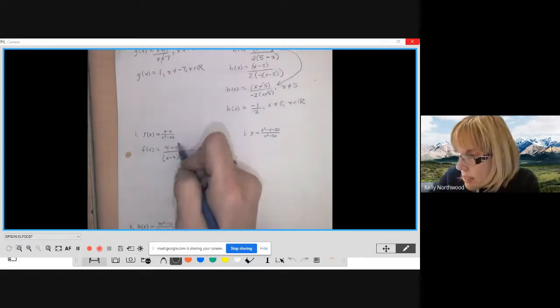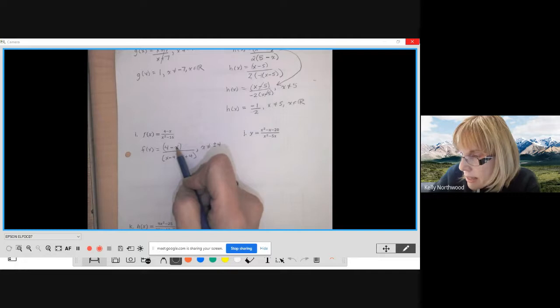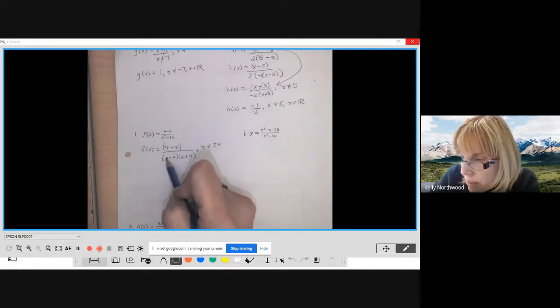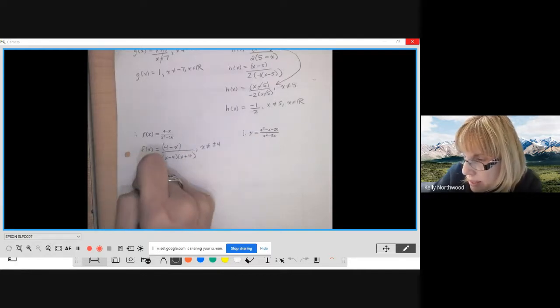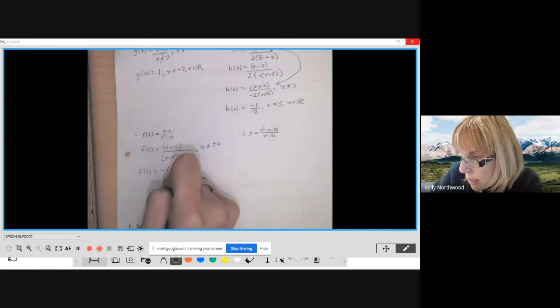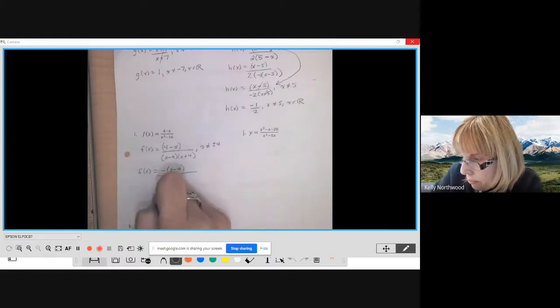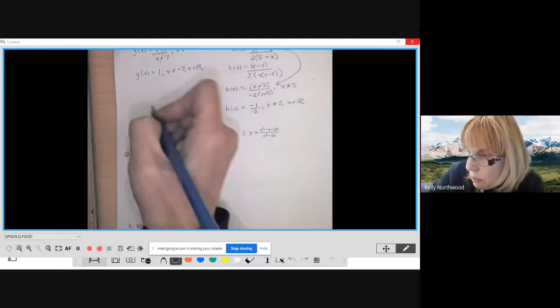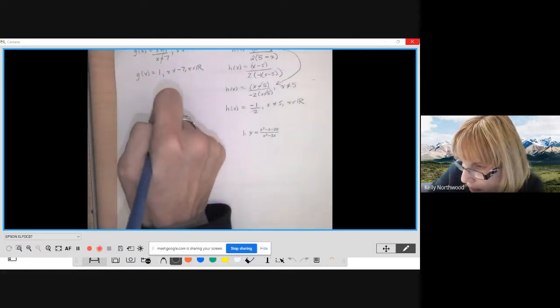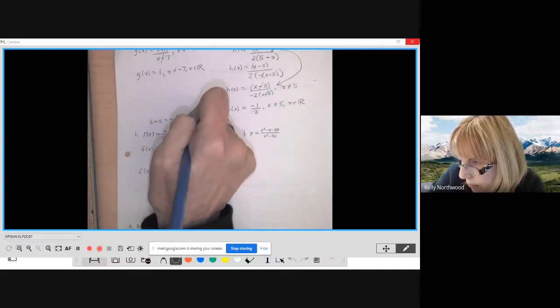And this is one of those cases where in the numerator, I have a factor that has a positive 4 and a negative x, and in the denominator, I have a factor that has a positive x and a negative 4. So I'm going to use that identity to change the numerator this time to negative bracket x minus 4. So remember how important this identity is. b minus a is the same as negative a minus b.